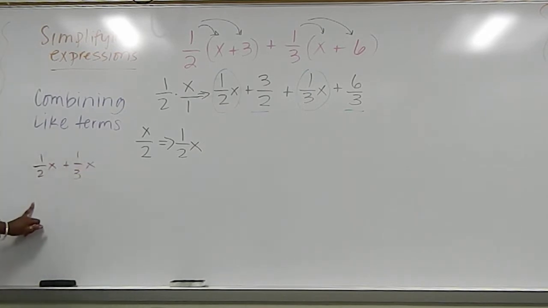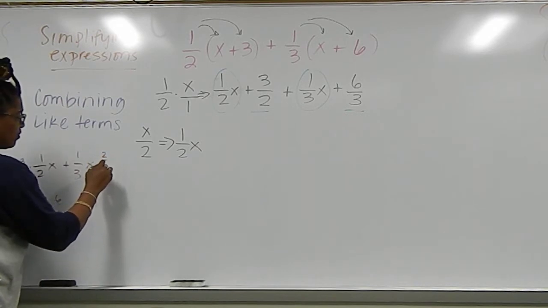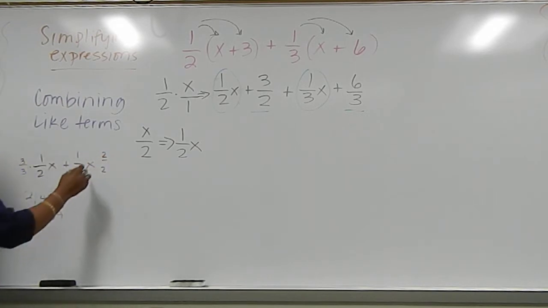You have to find your common denominator. Remember how I did that? 2, 4, 6, 3, 6, 9. I know 6 is my third multiple of 2. And I know 6 is my second multiple of 3. Right?